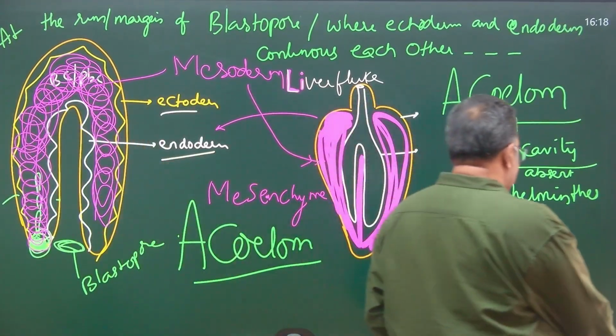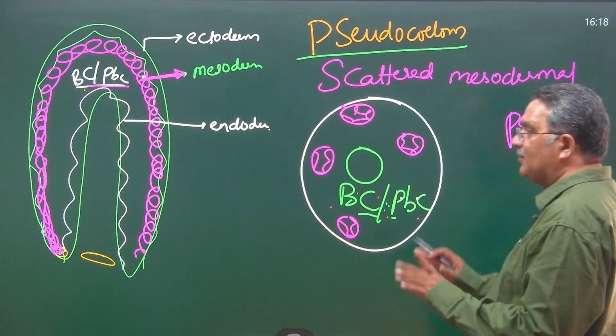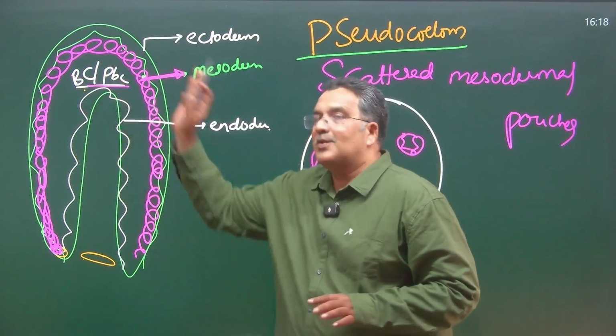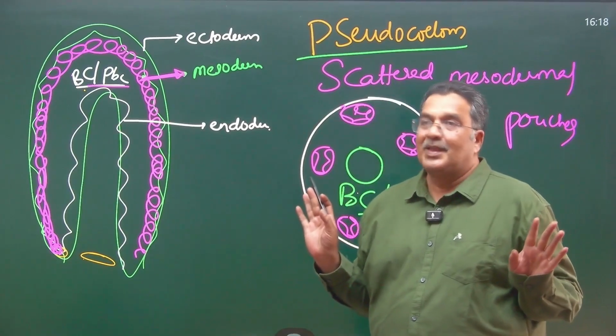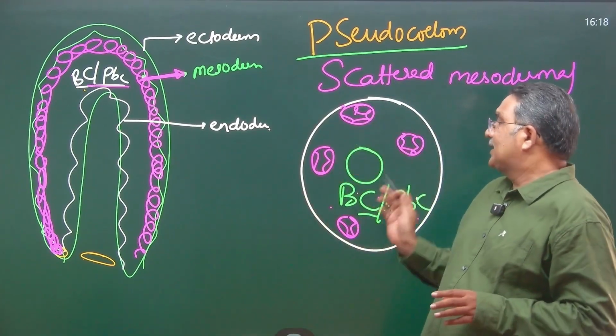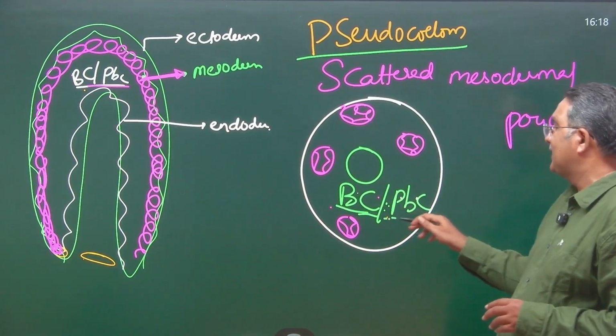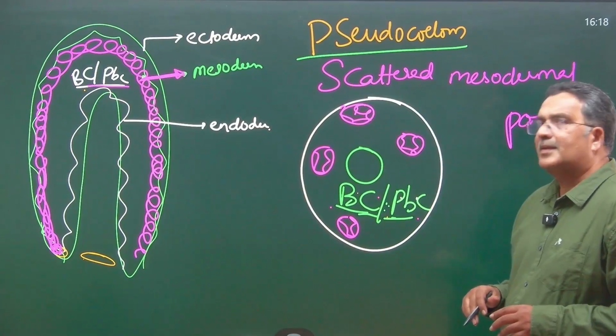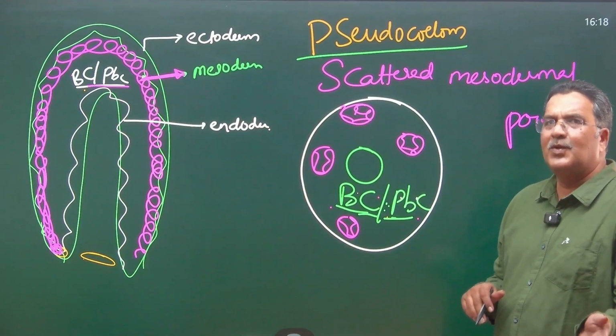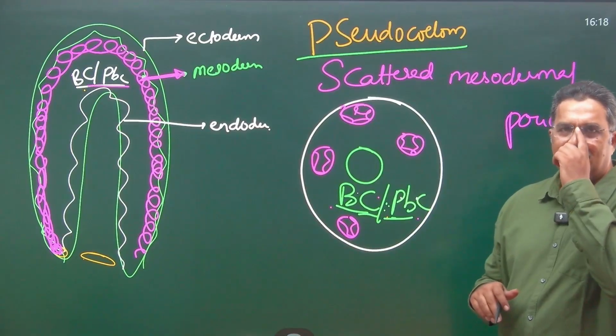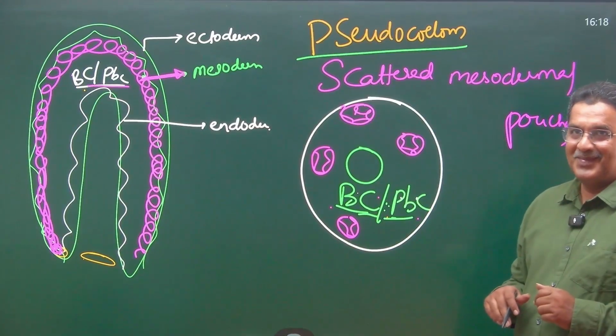Phylum Platyhelminthes. Now the same story with mesoderm only. Mesoderm went only towards one side and developed into scattered mesodermal pouches, and the embryonic cavity remains. It is just like a 10th class uniform you continue to wear in college, we can say pseudo uniform.